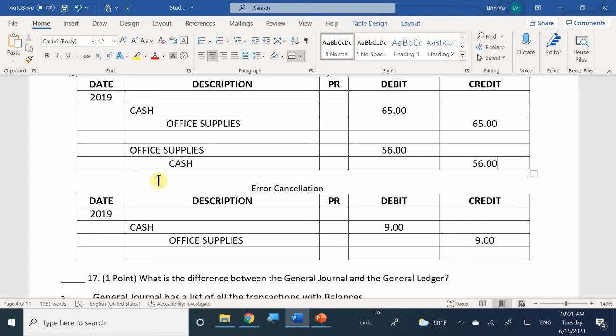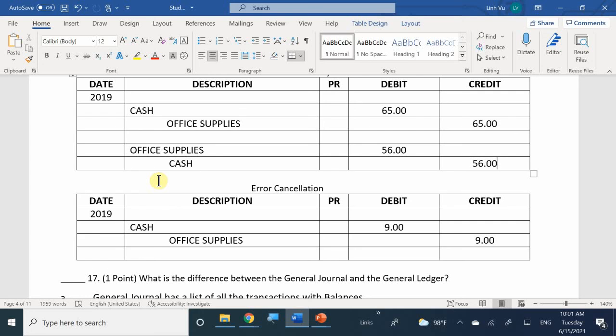Now the question is, you have to understand, if I originally only bought $56 worth of supplies and I journalized it as 65, do I have too much money, or did I spend too much money, or do I have too much office supplies? In this case, I journalized that I spent too much money and that I also have too much office supplies. So I need to get my money back, $9, and I need to decrease my office supplies account by $9.